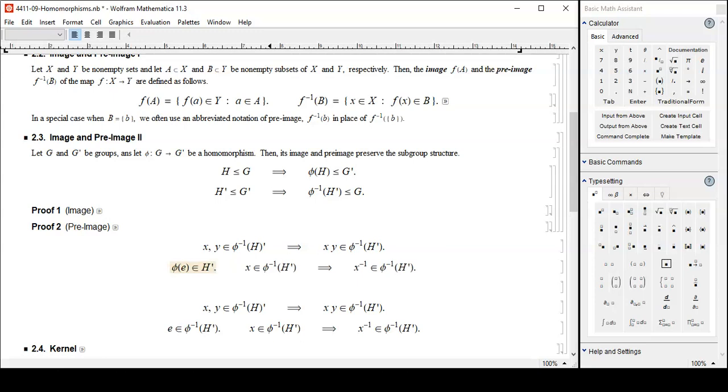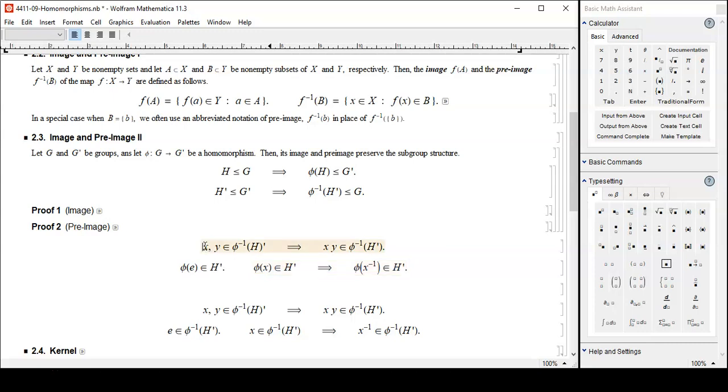And can you prove that? And this one here I can rewrite as: if phi of x belongs to H prime, then phi of x inverse belongs to H prime. I can rewrite like this.